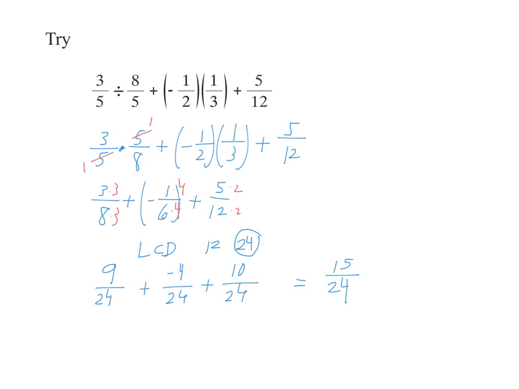Those 5's cancel, and so I was left with just 3/8. Once again, it's important that we go by order of operations. This next operation should be the multiplication. So I got -1/6, and now I can add them all up.